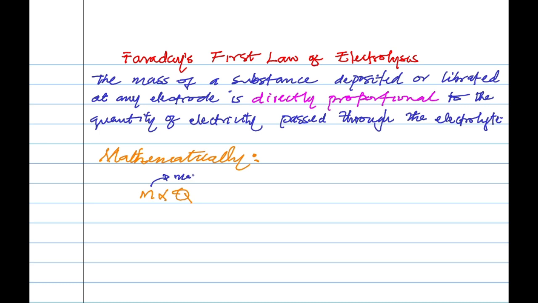Q represents the quantity of electricity passed through the electrolyte, or through the system, and it is measured in coulombs. So this is what the mass and Q represent.